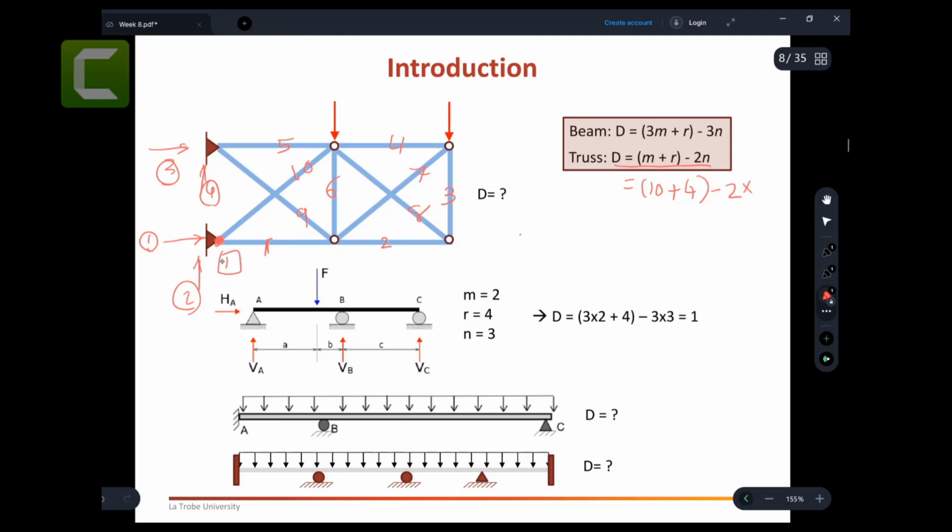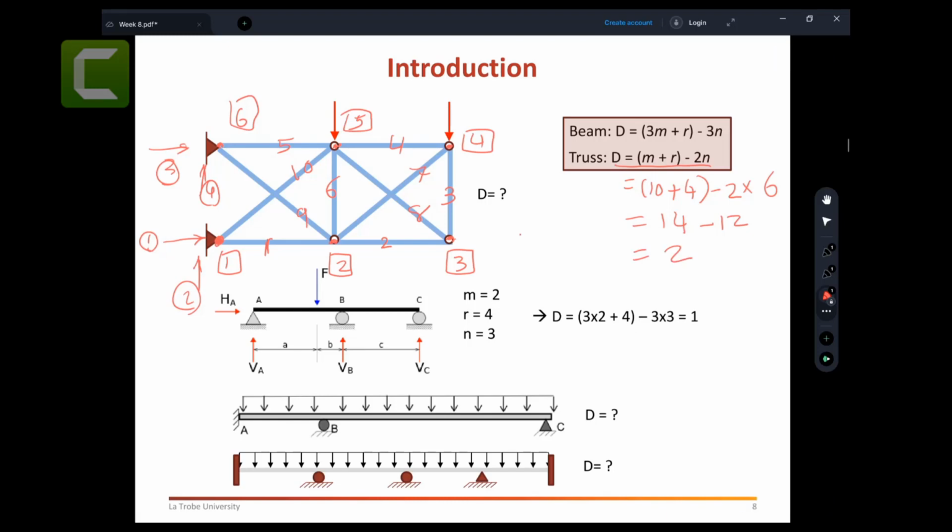Joint number 1, joint number 2, joint number 3, joint number 4, joint number 5, joint number 6. Am I missing any? 1, 2, 3, 4, 5, 6. I think there are none missing, so 6. So that is 14. Take away 12. Degree of indeterminacy equal to 2.